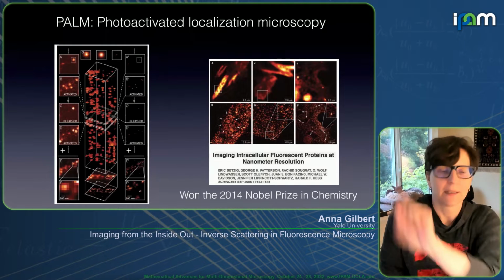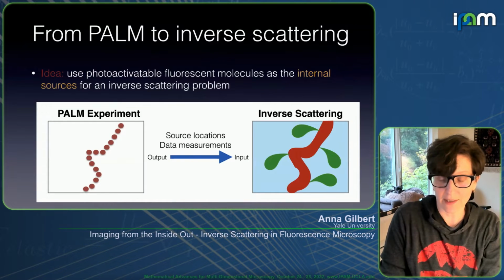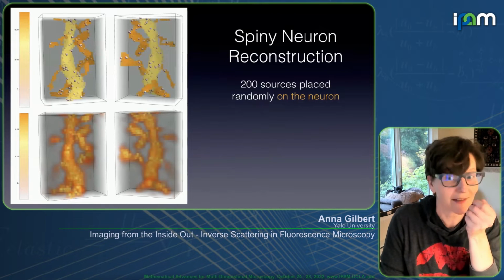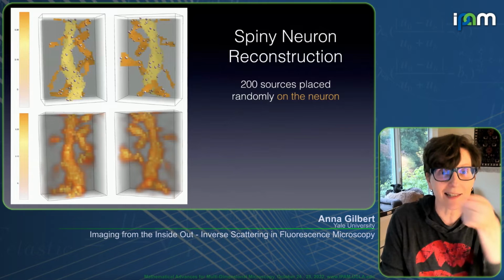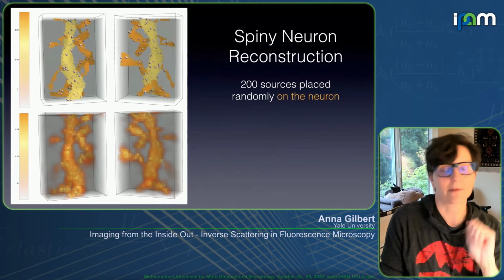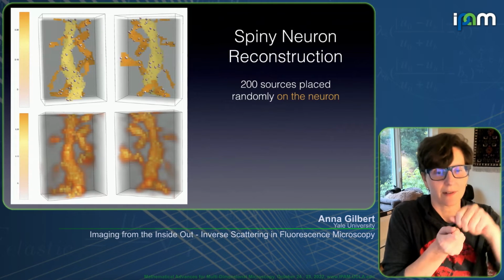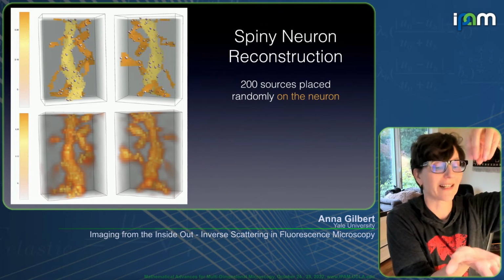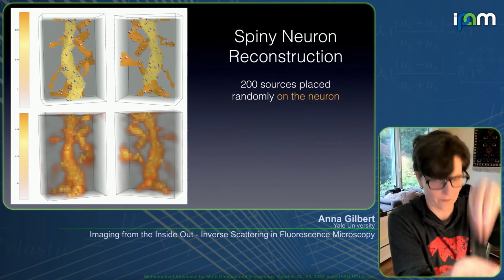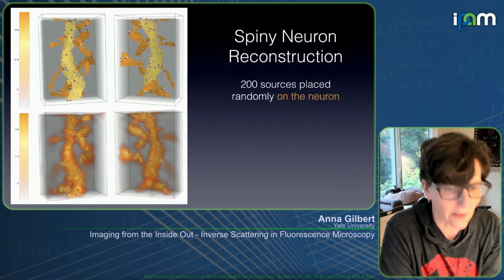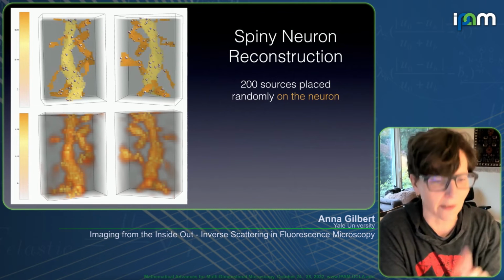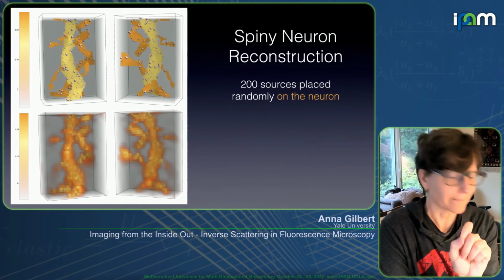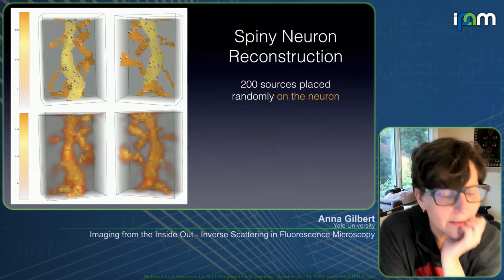Okay, so what we're doing is using these fluorophores as like little flashlights to see around this object, not just to image the source sitting on the neuronal structure. Okay, so hopefully with that made clear, that explains what you see down here.